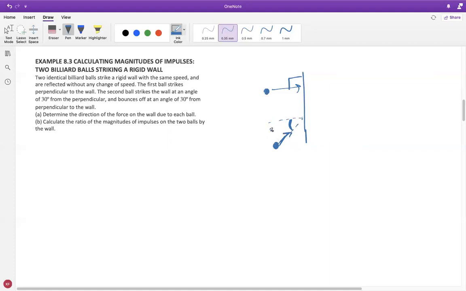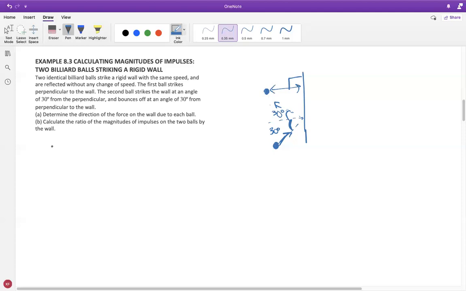Okay. It's going to be 30 degrees. And bounces off at an angle of 30 degrees from perpendicular to the wall as well. So it hits that way, and then it'll bounce off, there we go, at 30 degrees as well. Okay.